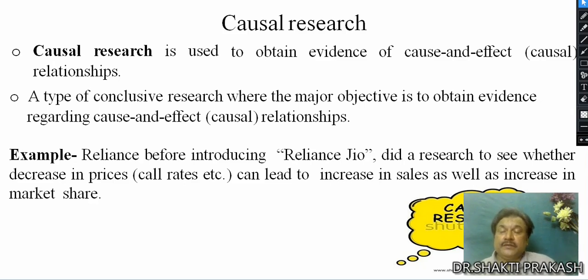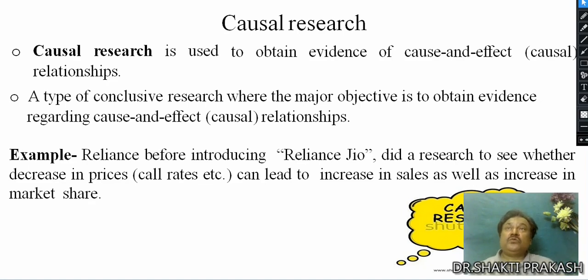Example: Reliance, before introducing Reliance Jio, did research to see whether a decrease in prices, call rates, etc. can lead to an increase in its sales as well as an increase in market share. So this was the cause and effect.